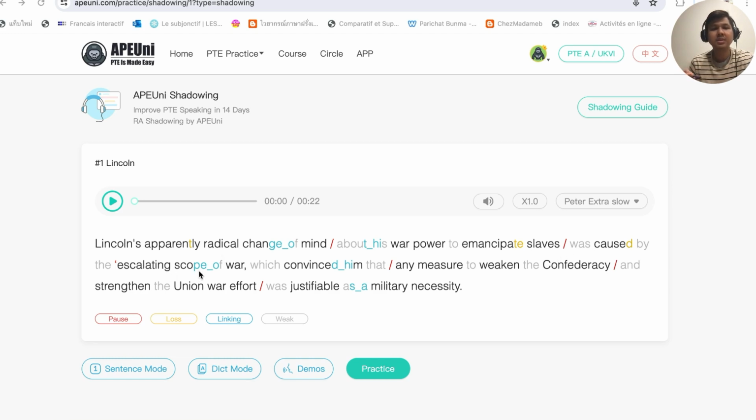The escalating scope of war, scope of, linking, scope of war, which convinced him, linking as well, which convinced him that any measure to weaken the Confederacy, and in the weak form you can pronounce and like 'n'.